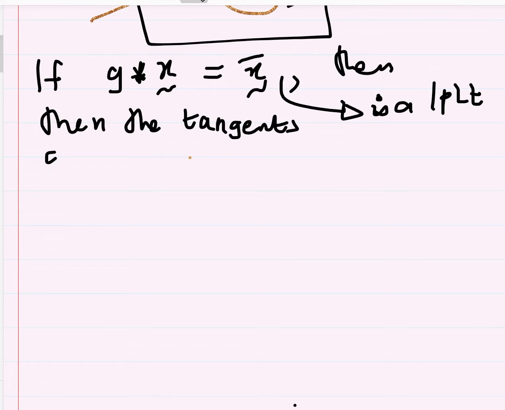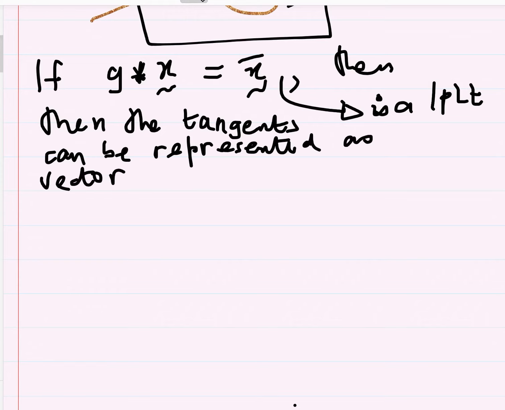Not necessarily in coordinate form, but with this alternative representation, they can be represented as vector fields.